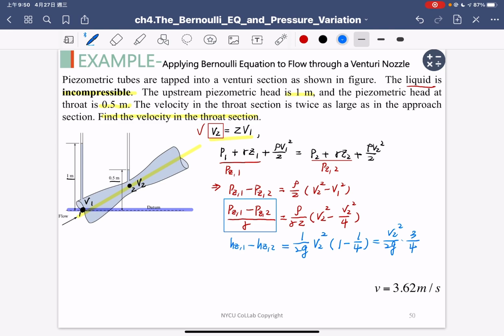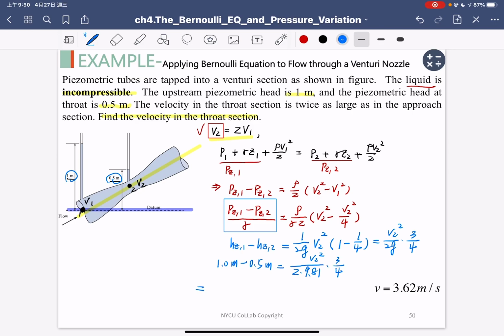Okay, and we know that the piezometric head HZ1 is 1 meter, right? 1 meter here, and minus the piezometric head 0.5 here. Okay, will equal 2 times gravity 9.81, and we don't know V2 square, and multiply by 3 divided by 4.